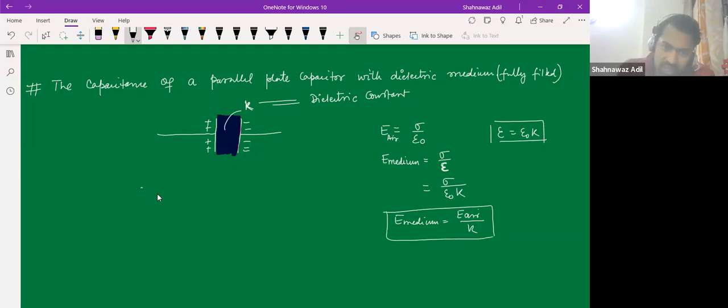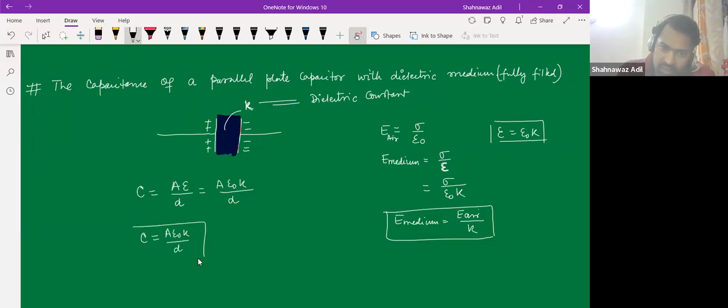If we write the capacitance, it would simply be A epsilon by d, because epsilon naught changes to epsilon. So the new capacitance would be A epsilon naught K by d.